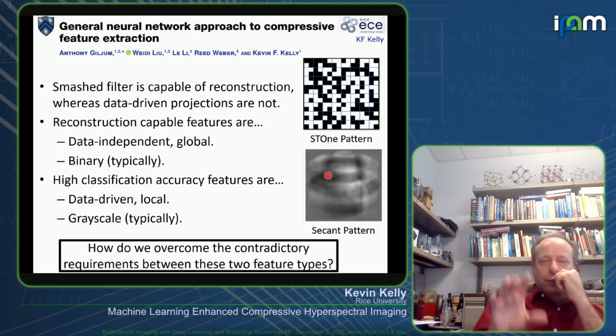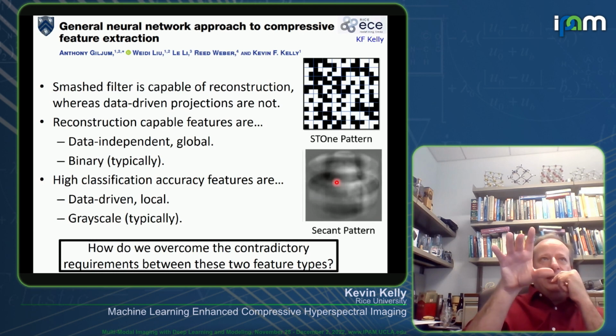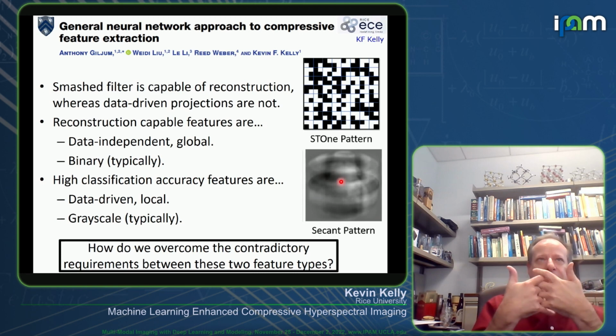So this is in no way ever appearing in real space, but you can still map the photon signal from something like the stone pattern to what the secant pattern would have seen and then do the classification. And the really big thing about this is you could do a grayscale pattern on the DMD, even though it's binary, but you trade off multiple cycles, right?